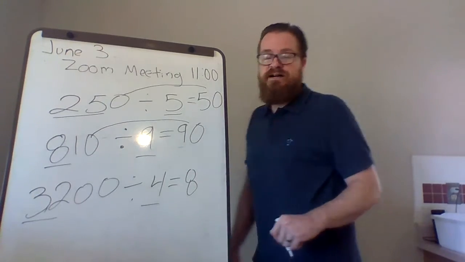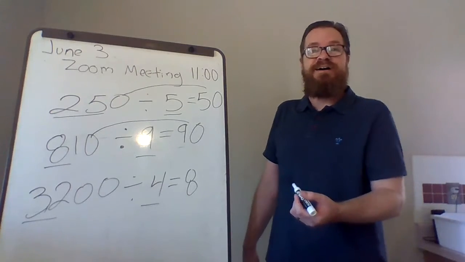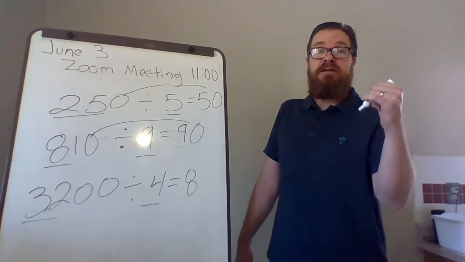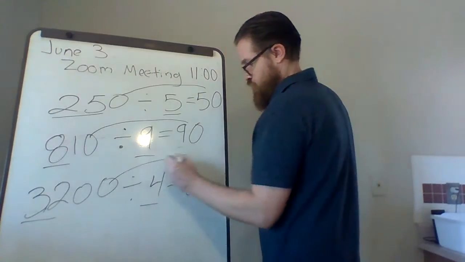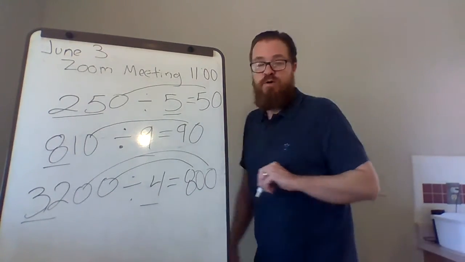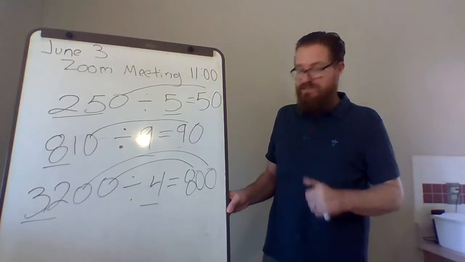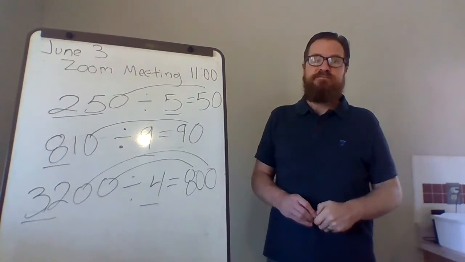And look, this time there are 2 zeros in my dividend. I'm going to take both of them and put them into my quotient, and I'm going to get a quotient of 800. Okay?